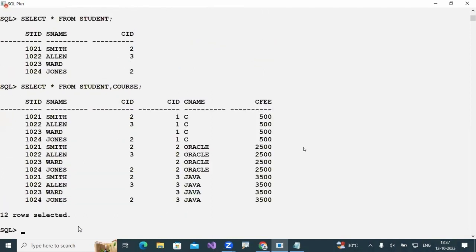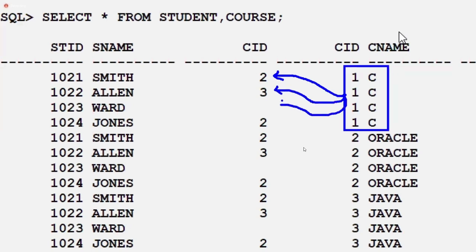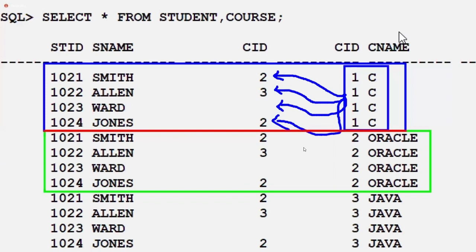If I execute this one, then you can see how it will join each and every row. So now this is 1. The 1 is going to join with 2, 3, null, 2. Like the same, Oracle also joins how many times? 4 times. Why, sir, 4 times?